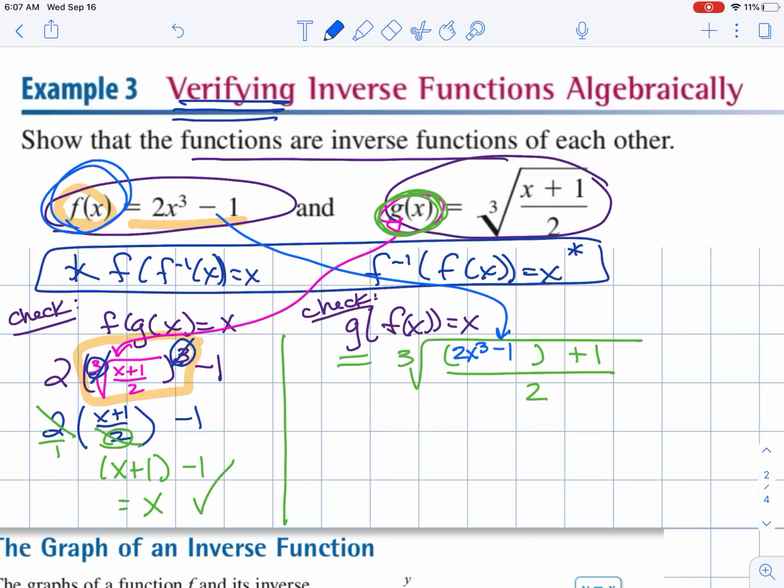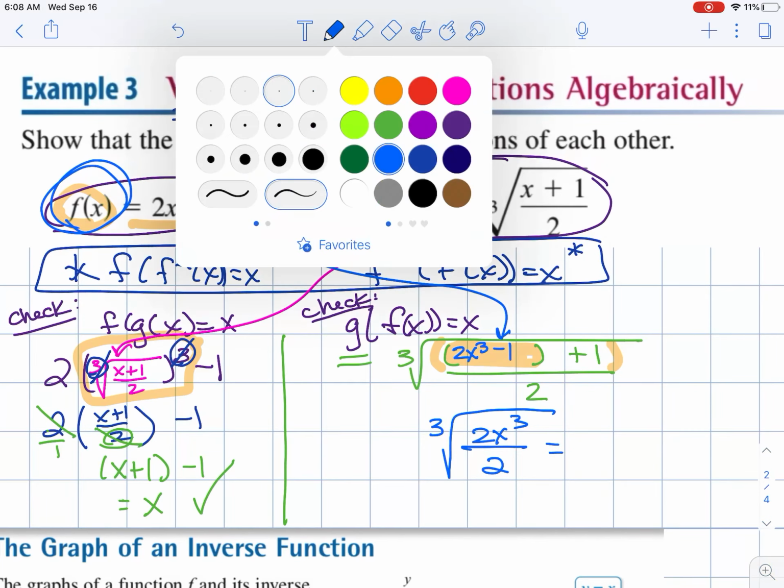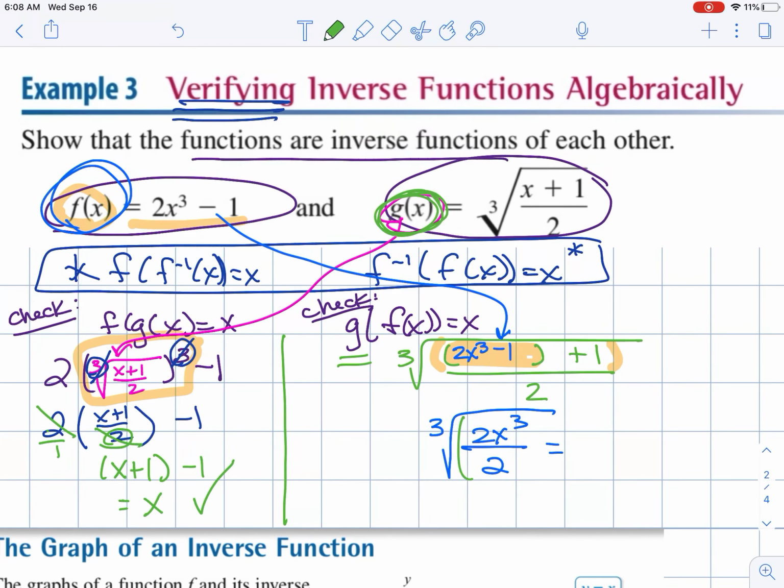Now we just have to solve it and see if it equals x. So a couple of things that we're going to do first. This here is our parentheses, but there's nothing we can do with it. So now our next parentheses is this. Anytime there's a numerator of a root, that's basically a parentheses. So what's 2x cubed minus 1 plus 1? Well, it's just 2x cubed. So remember, that's inside the third root, and it's over 2.